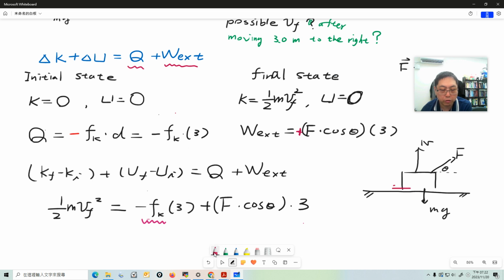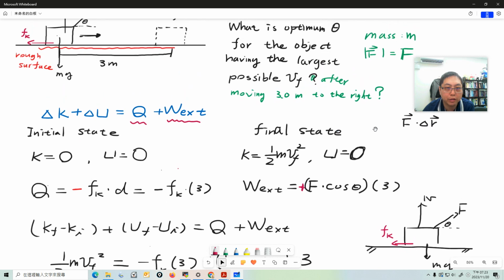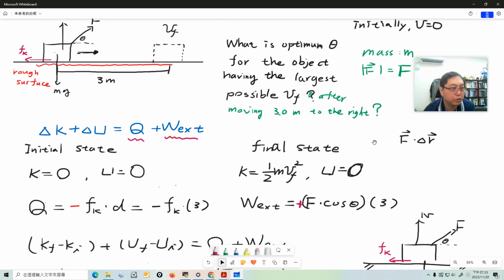And the friction coefficient here. Does this problem give you the friction coefficient? Let me check. So this problem gives a friction coefficient. Let me write it down here. The friction coefficient is 0.15.